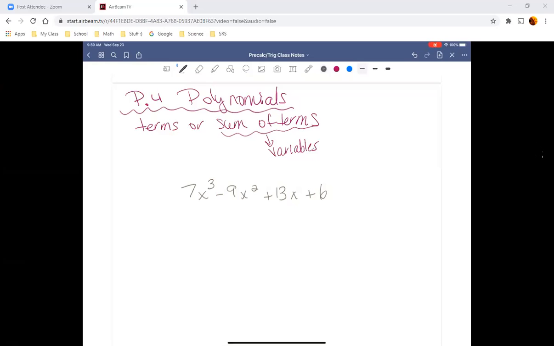So for our example, you're really just counting the number of terms. So for our example, we have 4 terms. And the easiest way I remember them, they're separated by pluses or minuses.